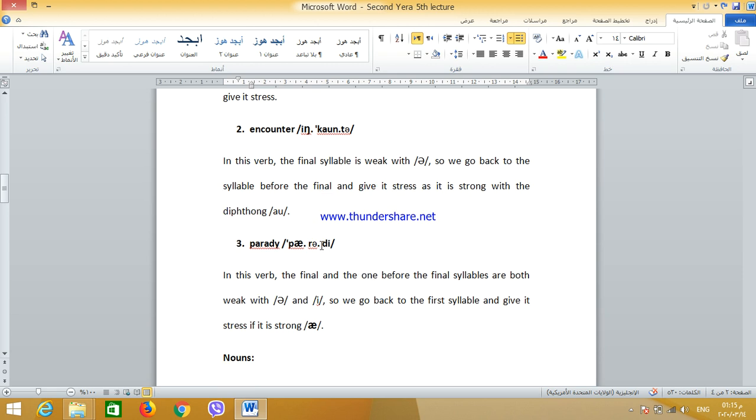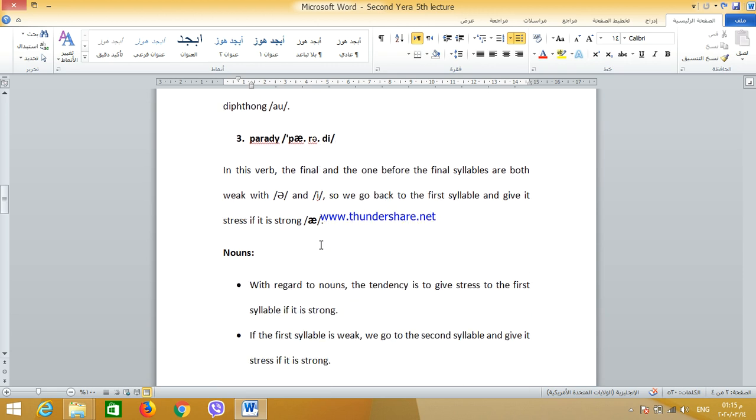Now, if we go to the third example, which is parody. So this word also has 3 vowels, 3 syllables. Now we go to the final syllable as the rule recommends. We can see that we have here a short vowel, which is a weak vowel, so we do not stress it. We go to the one before the final one, which is ra, with a schwa.